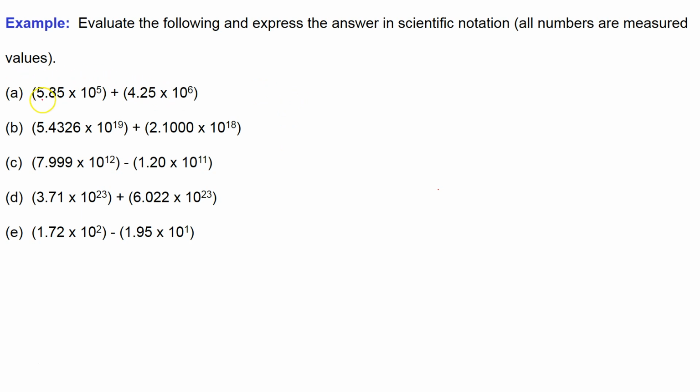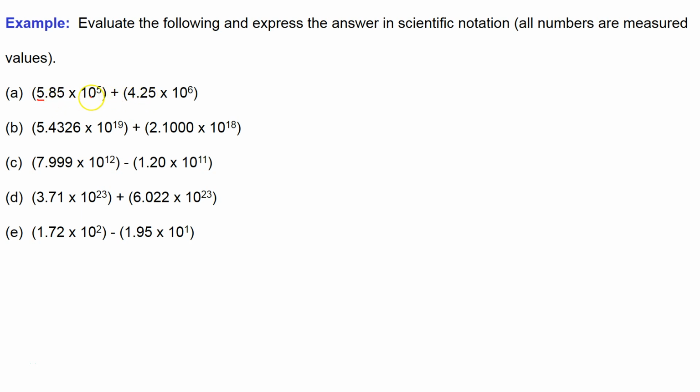So here we go. We've got two numbers here, 5.85 by 10 to the 5 plus 4.25 by 10 to the 6. The first step here is that I'm going to adjust one of these so that the exponents are the same.